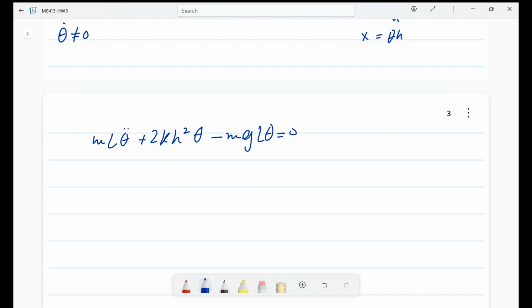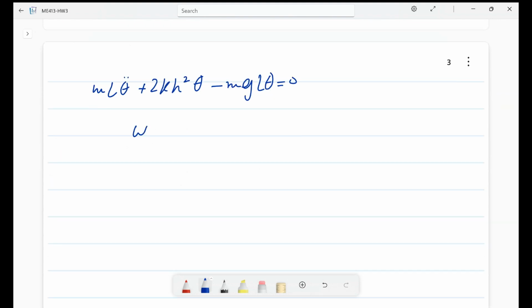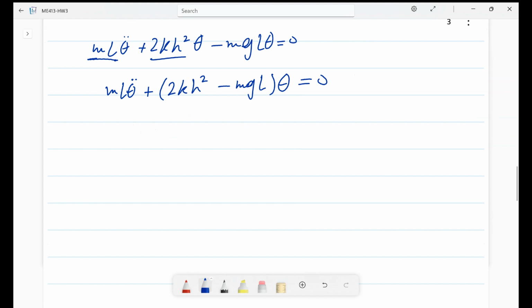For omega n, it will be the square root of this term plus this term over this one, right? Because let me convert it first: m l square theta double dot plus (2k h square minus m g l) all multiplied by theta. This is our equation.